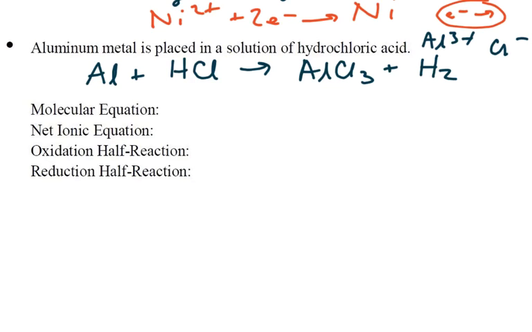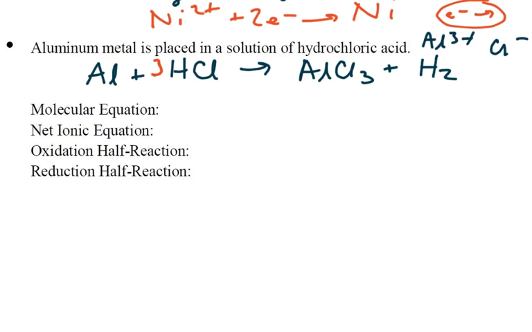Now we have to go back and balance, and it looks like maybe the best thing to do would be to do the chlorines. So if we do 3 chlorines on the right, then we'd have to have 3 chlorines on the left side. That would give us 3 hydrogen atoms, and here's 2 hydrogen atoms. So to get that to balance, we'd have to go back and multiply the left side here by 2 and the right side by 3.